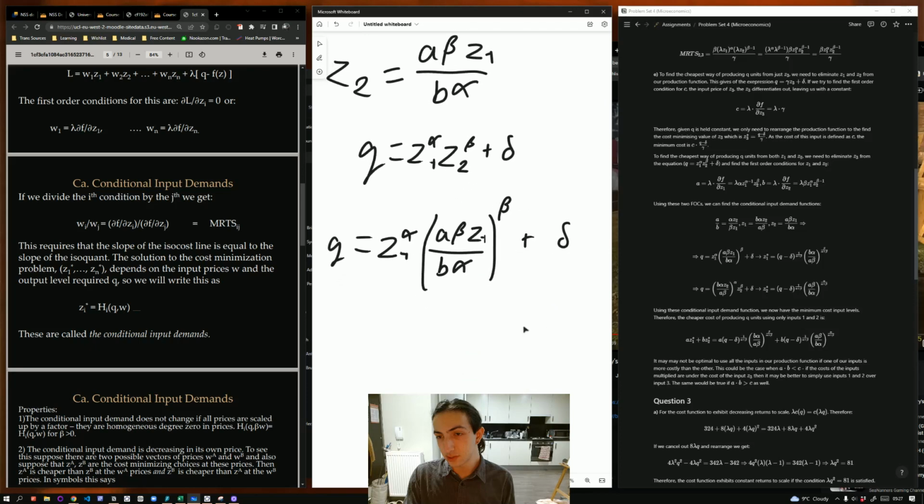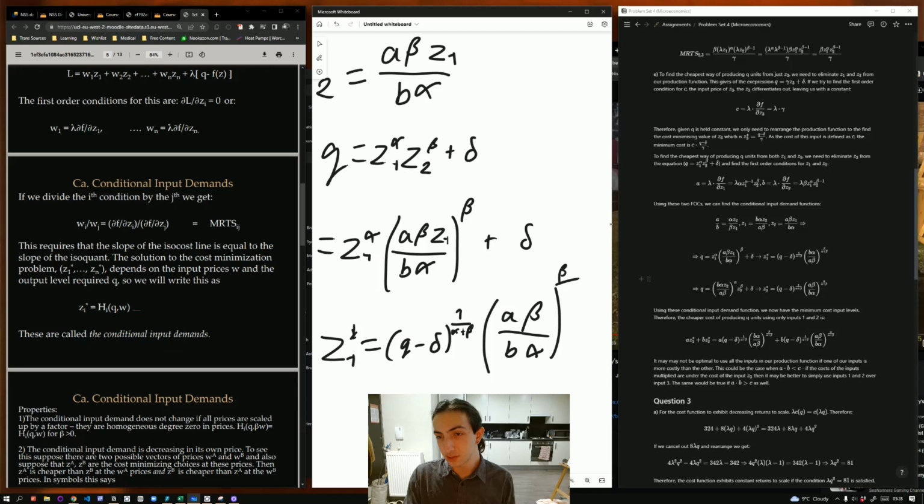Now you're going to rearrange for Z1, and then you'll get the conditional input demand function, which, if you have the patience for it, and remember the star here, is going to end up as Q minus delta to the power of 1 over alpha plus beta. And then this whole expression, this mess, excluding the Z1, is going to be to the power of beta over alpha plus beta.